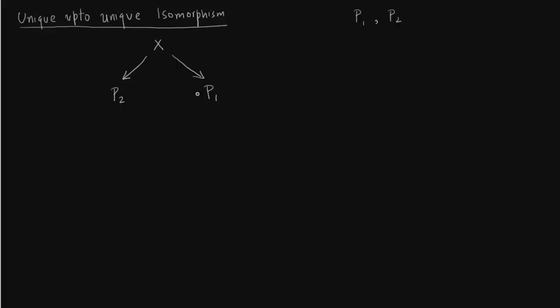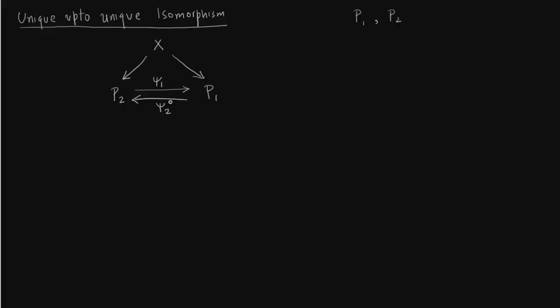Now again, P1 is a terminal object, so we have a single arrow from P2 to P1, which we will write as, say, phi1. And since P2 is a terminal object, we have a single arrow from P1 to P2, which we will write as phi2.